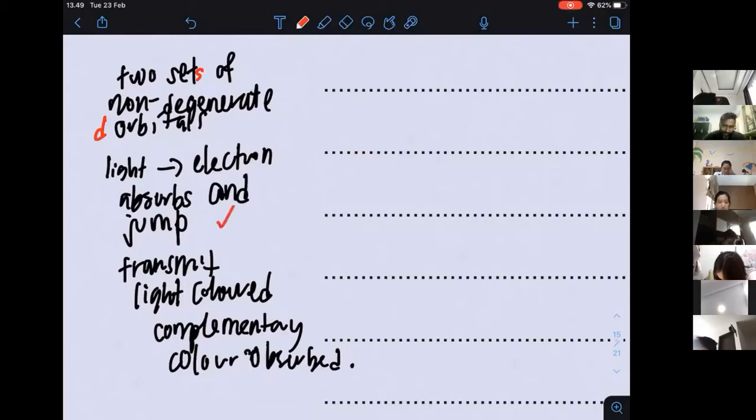And the energy that is absorbed from the light, once the light passes through the sample, they will transmit light colored, which is complementary to the color that is absorbed. So we observe the complementary color.